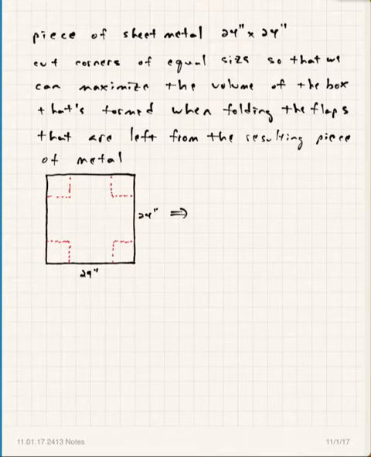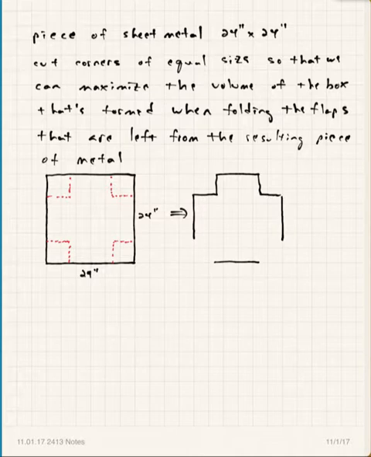You're going to have a piece of metal that has sides like this. And like this. I'm going to try to make it relatively accurate. And this is the piece of metal that you have left.